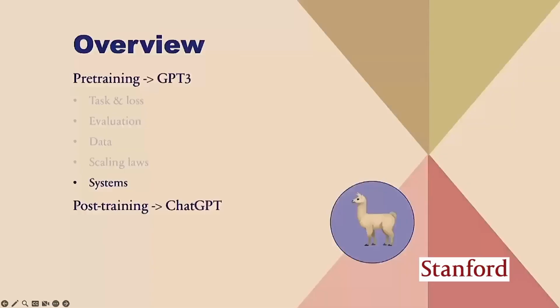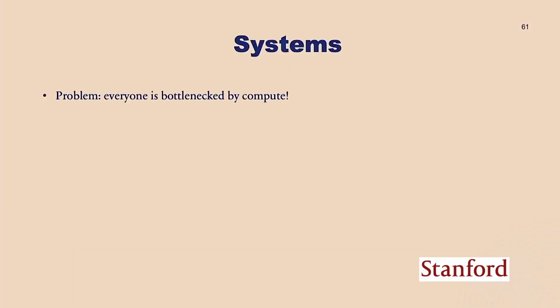Great. So I think I have 5 minutes, right? Okay, I might try to give a high-level overview, at least of one of the systems tricks. Systems, as we said, for everyone, compute is the huge bottleneck.